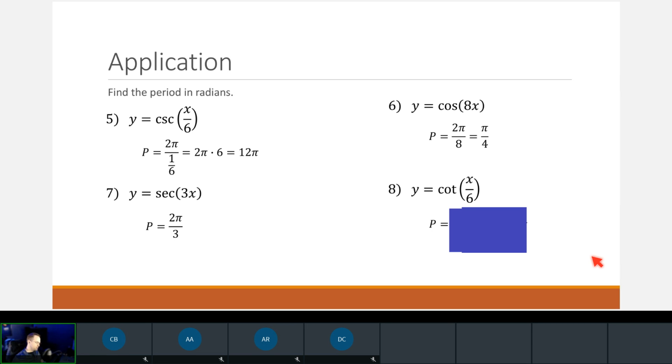What is the period of cotangent? Pi. Yep. So to find the period of this number 8, you should have used period equals pi divided by k. Is that right? And then the k value in this problem is 1 over 6.